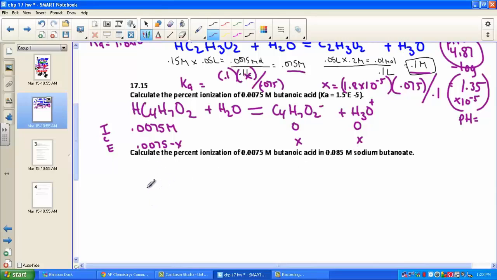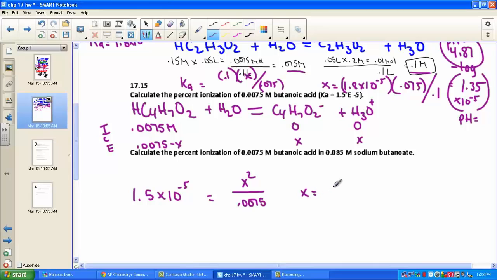I'm just going to work down here and then erase. Perhaps you want to work toward the bottom of the page. The Ka value, 1.5 times 10 to the negative fifth, set equal to X squared over, and let's assume the 5% rule and just put 0.0075, knowing that we're checking the ionization anyway.